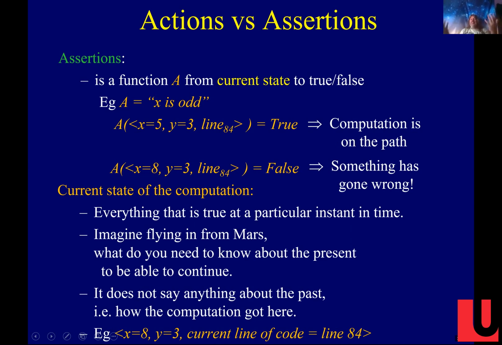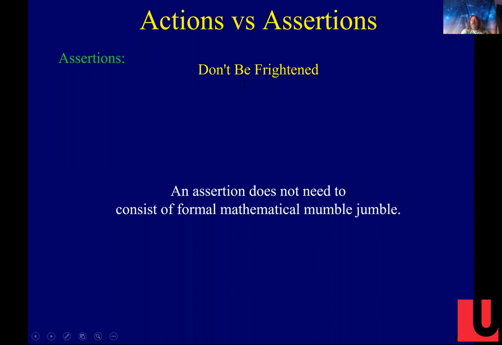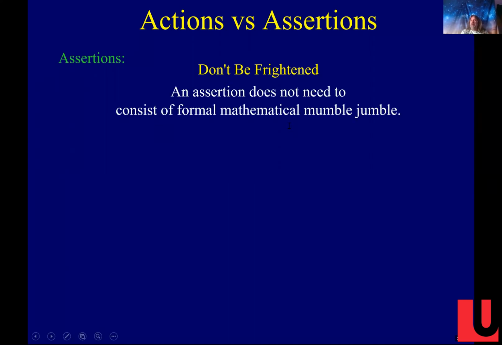It's on the path towards glory, towards everything being okay. And if the loop invariant assertion is false, then something went wrong. Does that make sense? The last statement in this section will be: don't be frightened. An assertion doesn't need to be a lot of formal math, but you can put formal math in there if it helps you. You can use a picture or a description. It's in English. Does that make sense?